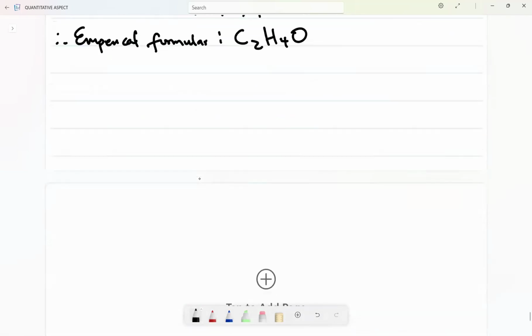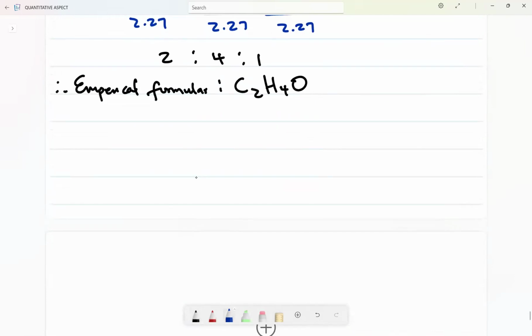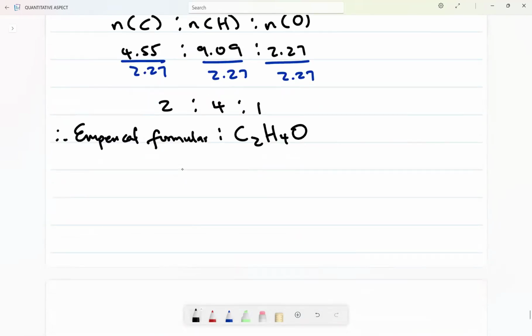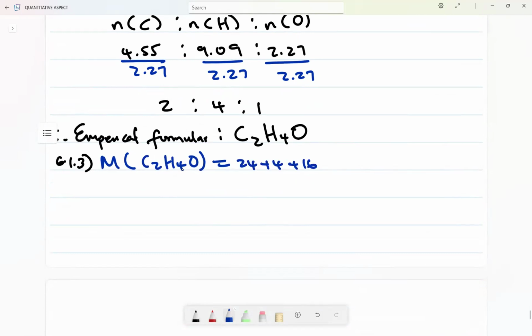I'm going to need the molar mass of C2H4O, which is 2 times 12, it is 24 plus 4 plus 16. It's going to be 44.